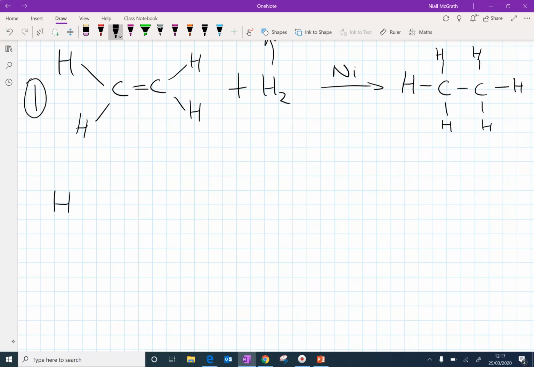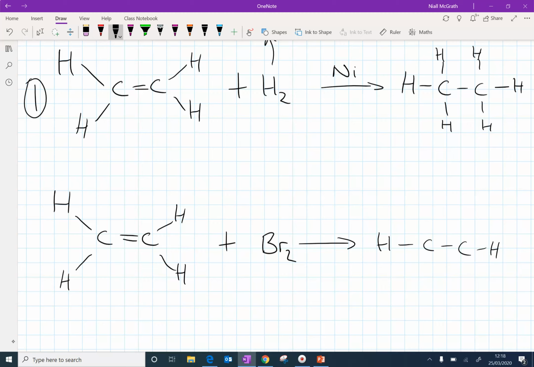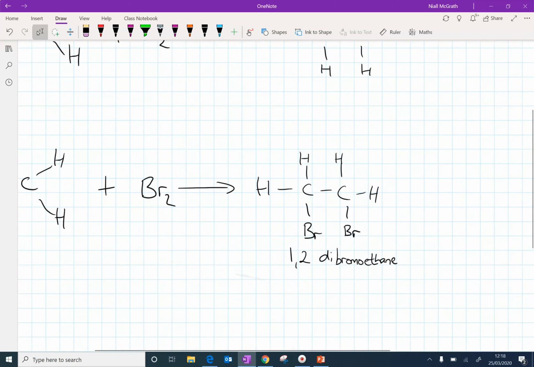Second one then, again starting with ethene, if you want to add bromine, and we're going to look at the mechanism for that in a little more detail.